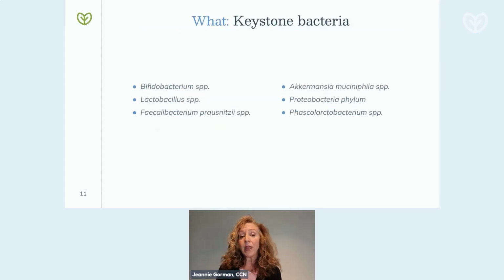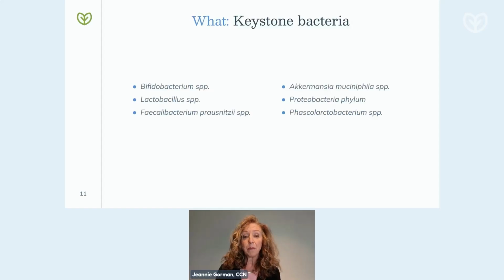The keystone bacteria that we are mostly concerned with would be the Bifidobacterium species and Lactobacillus, both of those found heavily in probiotics, and they go right to the large intestine in terms of what needs to be there. The Faecalibacterium prausnitzii species is also an interesting species that shows up on our GI 360. We'll talk about all these, but it's very much associated with the health of butyrate production. Akkermansia muciniphila is also identified on our GI 360, very up and coming in the peer-reviewed literature.